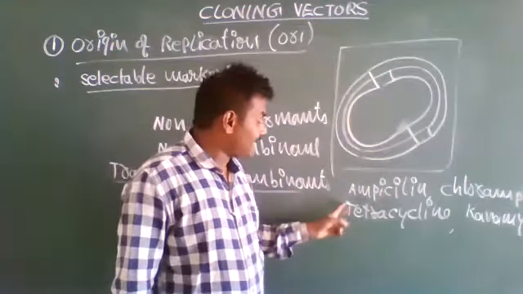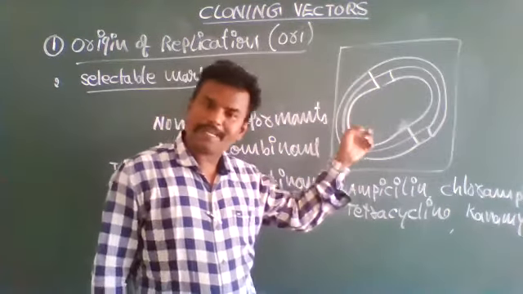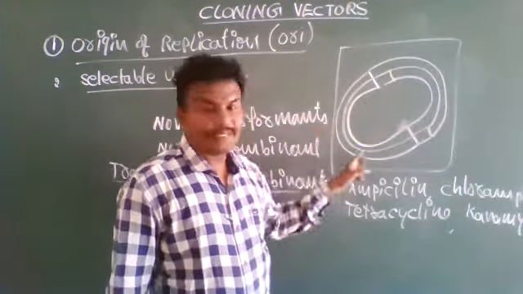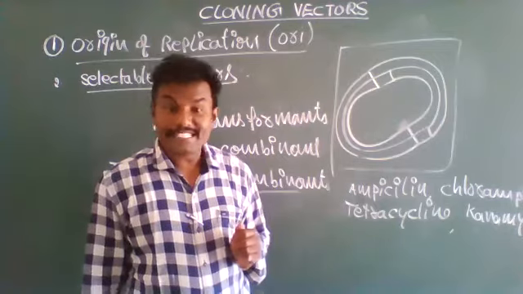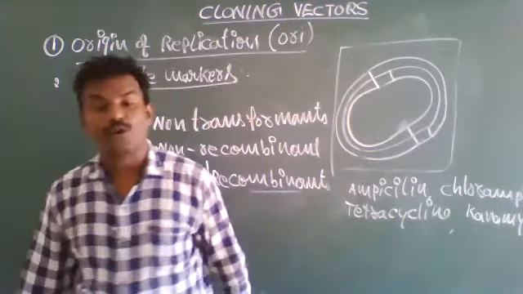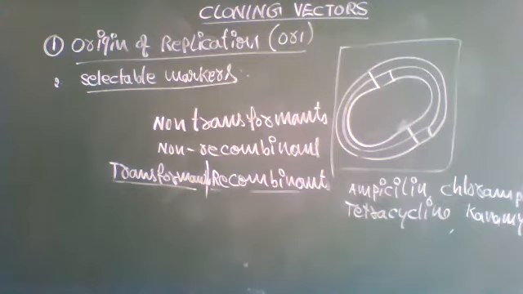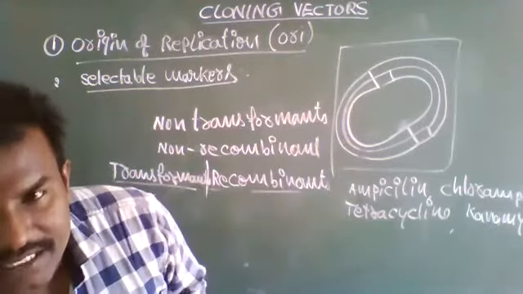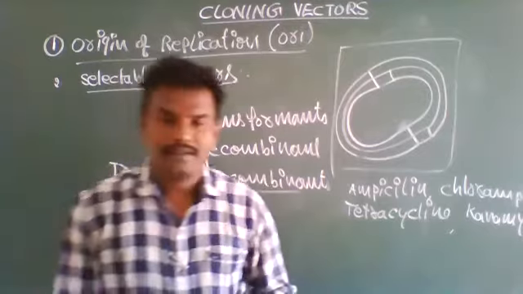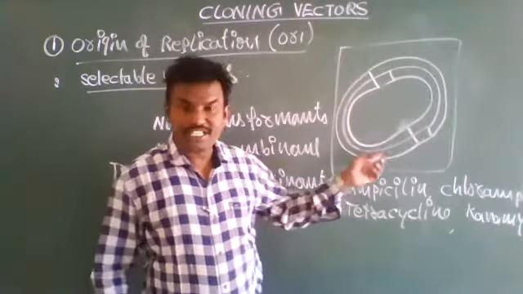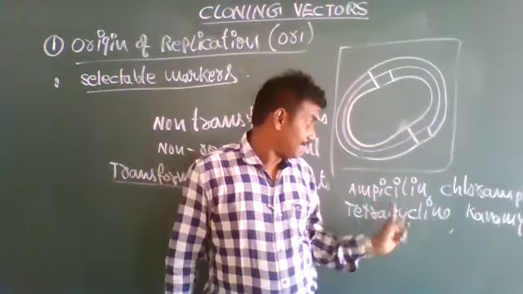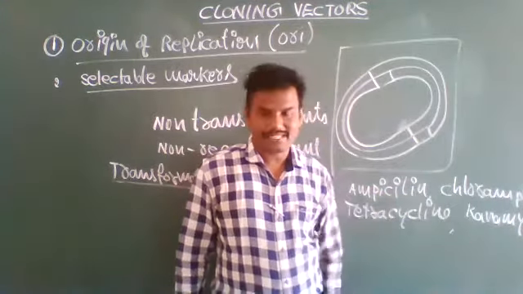Generally, in the plasmid, the gene encodes resistance to certain antibiotics such as ampicillin, tetracycline, chloramphenicol and kanamycin.